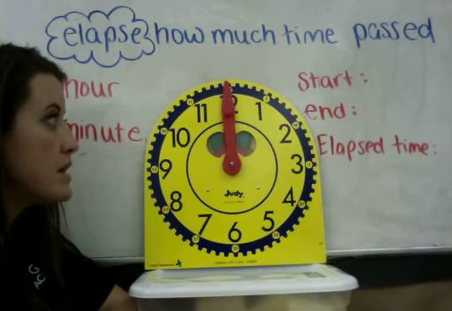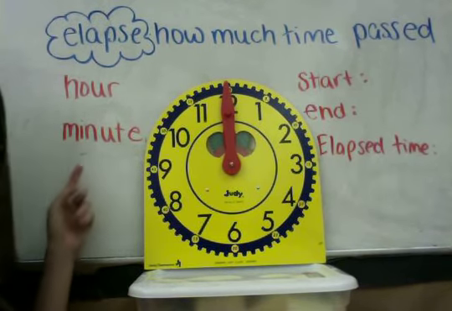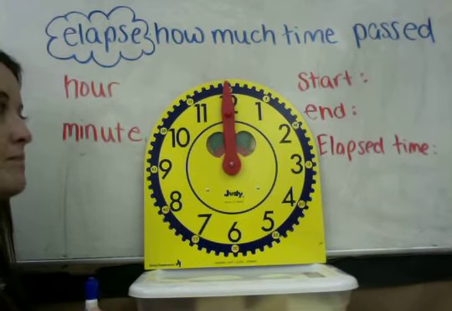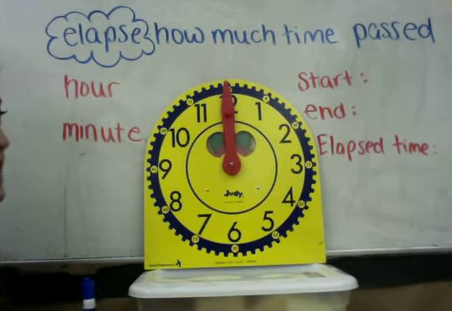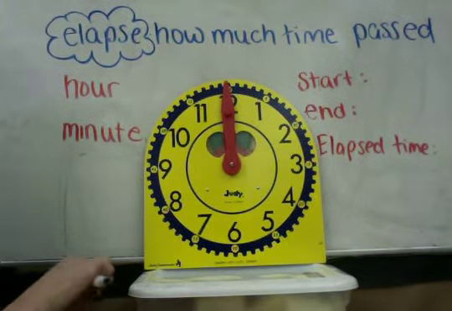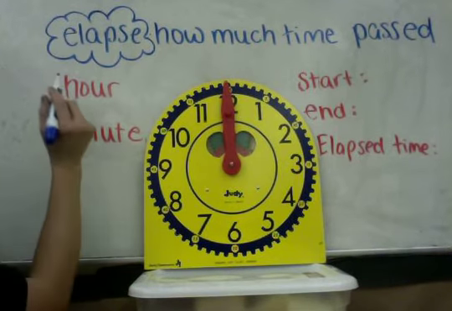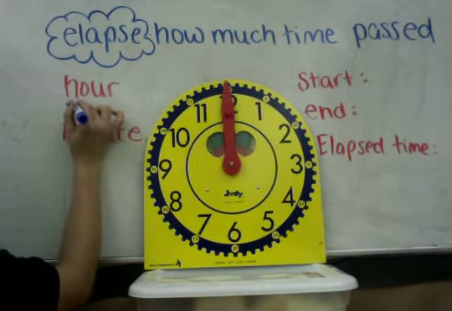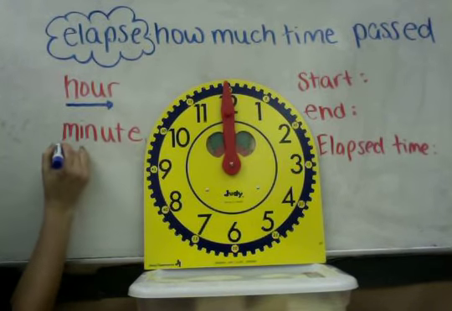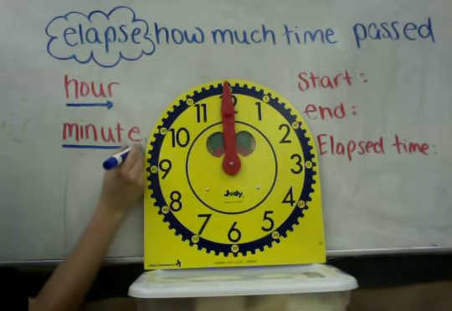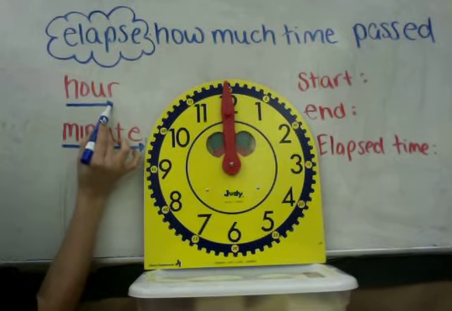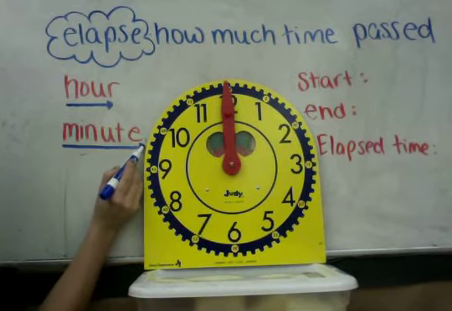The first thing that we need to review is the hour hand and the minute hand. Now some of us are having trouble remembering which hand is the hour hand and which hand is the minute hand. So there's a little trick that I learned. If you were to draw an arrow under the word hour, and draw an arrow under the word minute, you would see that the hour hand is shorter than the minute hand.